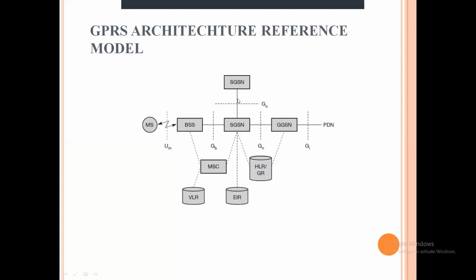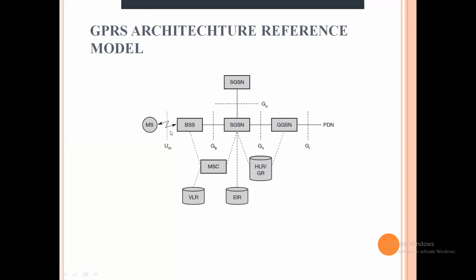Here in this diagram we have seen two SGSNs. That means one GGSN can control more than one SGSN, and every SGSN controls some BSS. One BSS can control several mobile stations. Our source destination is this mobile station.